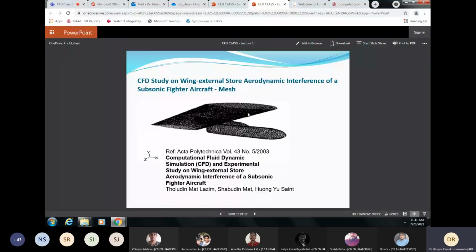There is a wing with an external store like a missile or a rocket there. It's called an external store. Again, obviously this will interfere with the aerodynamics, to increase drag and reduce lift. By how much? We don't know. That is why we are doing the analysis. We may even do an experiment for this.